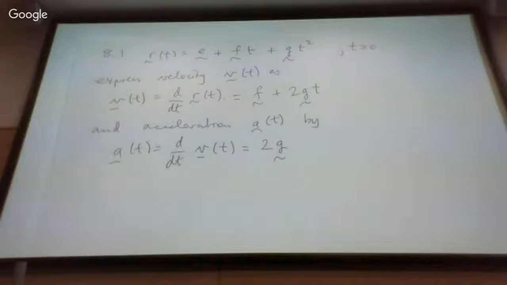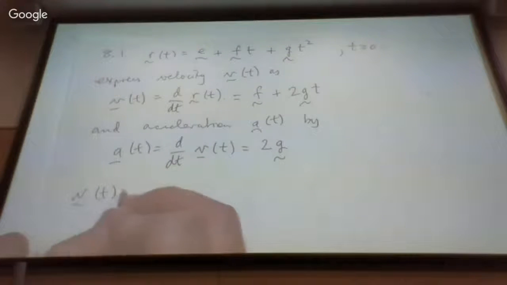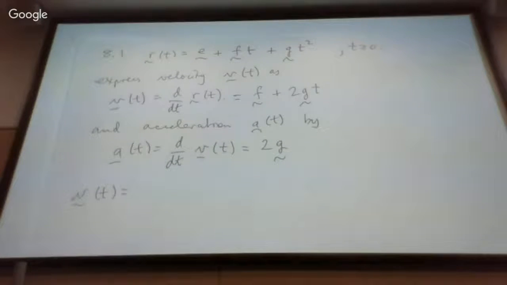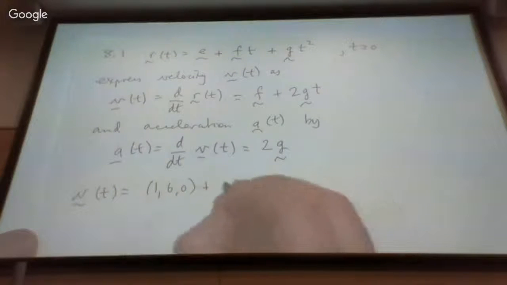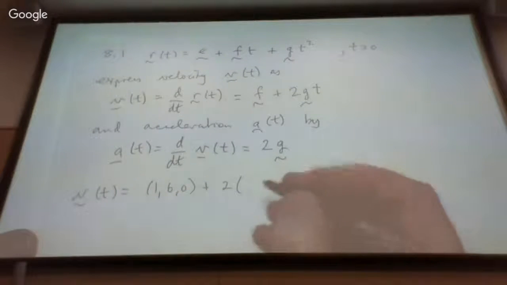So from these expressions here, you can say what the velocity vector is. So the velocity vector is the vector f, which is given in the equation as 160, plus 2 times g, which is 1 minus 20.